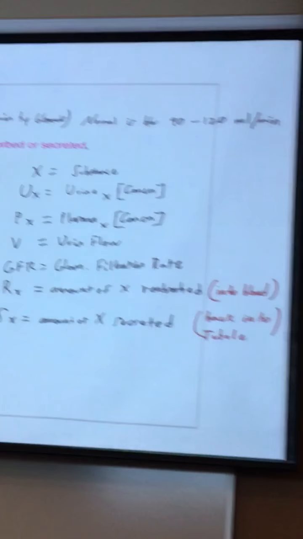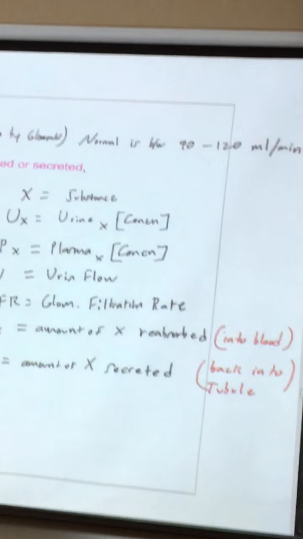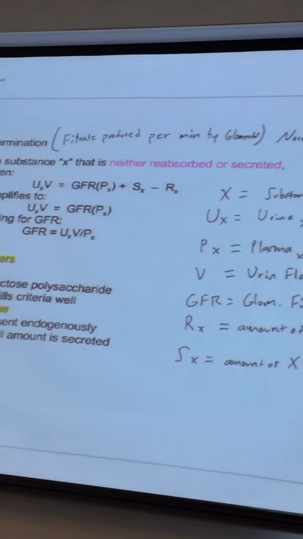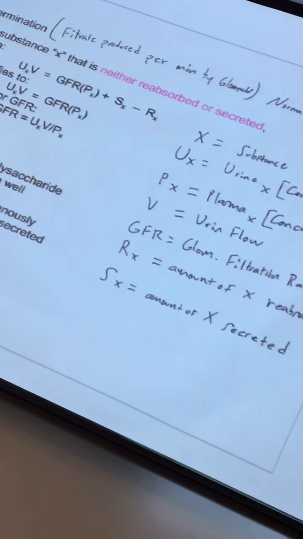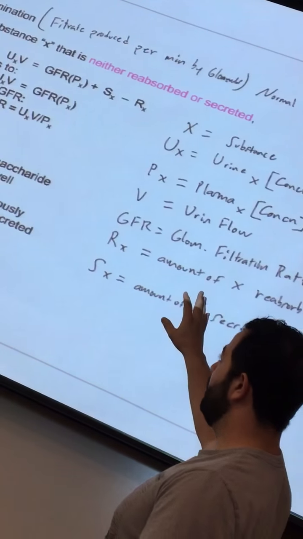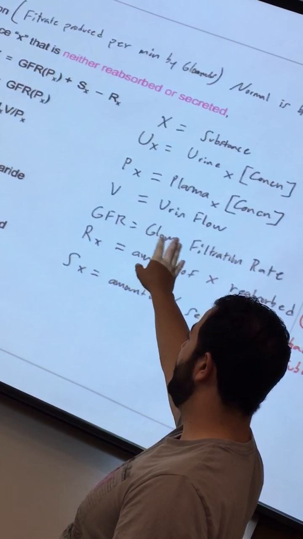Okay, so GFR, again, just to define it, is the filtrate produced per minute by the glomerulus. Normal is between 90 and 120 milliliters a minute. I explained these equations on the last slide. Basically, if the substance is neither reabsorbed nor secreted, you don't have to account for secretion and reabsorption.